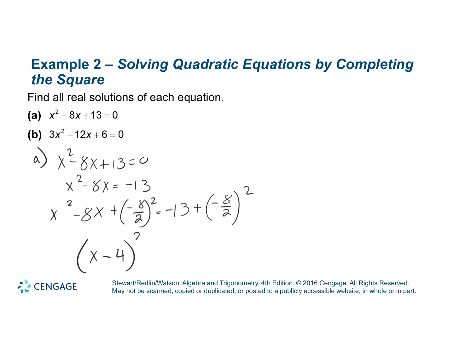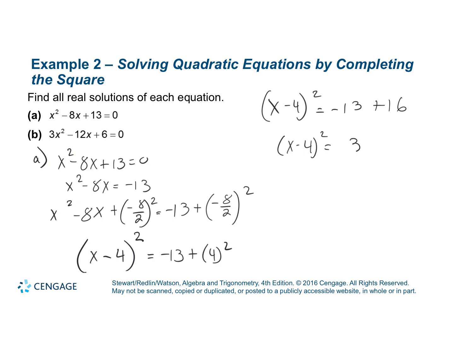And that square goes on the outside of the parentheses, equals negative 13 plus 4 squared. Now this is going to simplify to x minus 4 squared equals negative 13 plus 16. I'm going to combine them. x minus 4 squared equals positive 3.